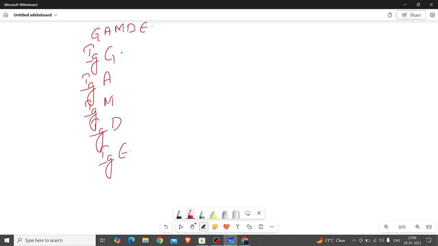First of all, we'll see about IgG. It is abundant, found most commonly, and it crosses the placenta. This immunoglobulin IgG will easily cross the placenta.